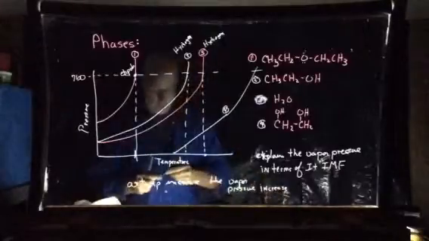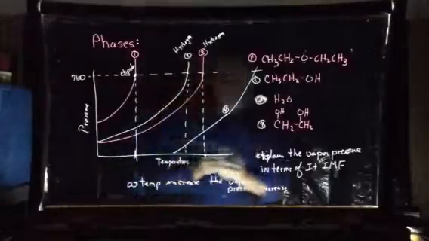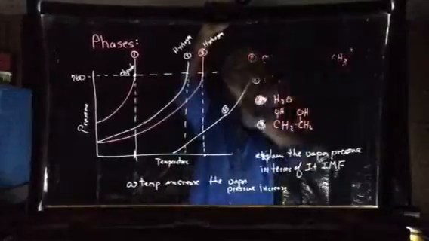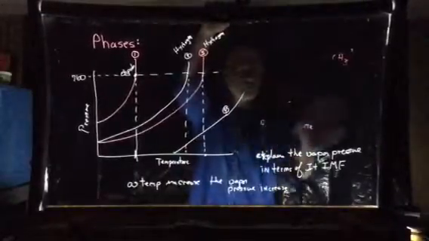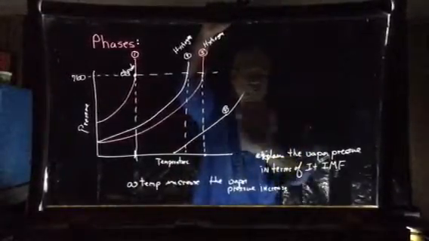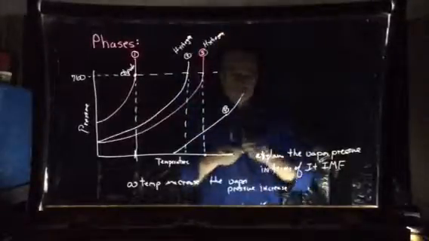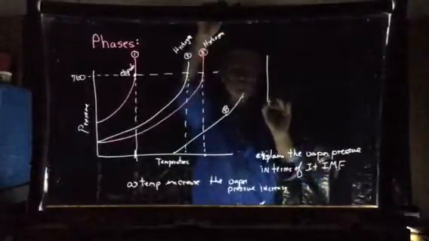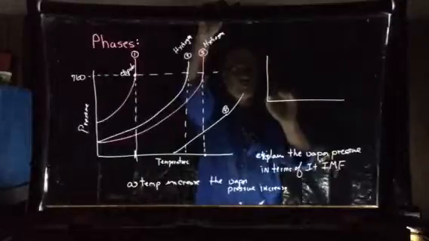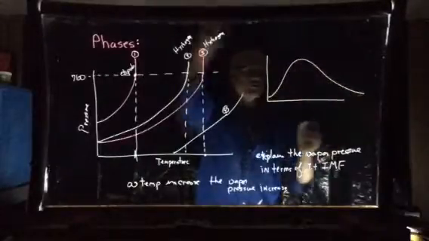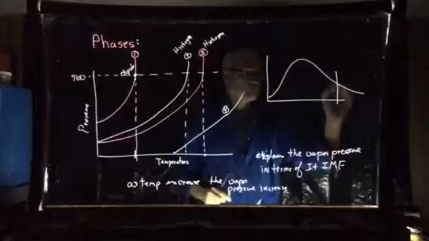Which means, going back to that drawing again, the Boltzmann distribution. At one temperature, it may look something like this. Remember that energy?